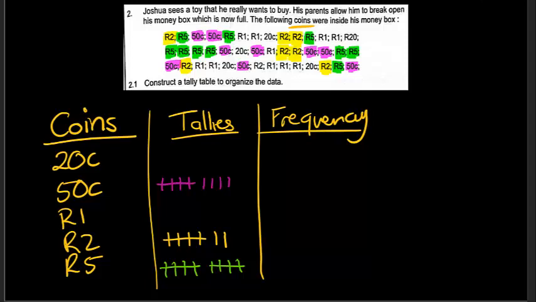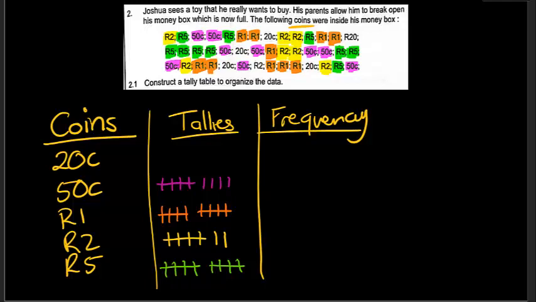Next is 1 rand. I've got 1, 2, 3, 4, 5, 6, 7, 8, 9, 10. I've got 10 1 rand coins, and I tally 10.